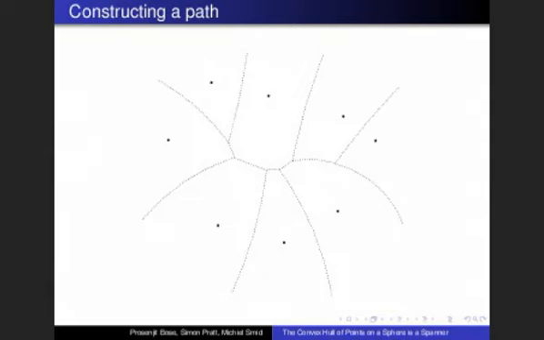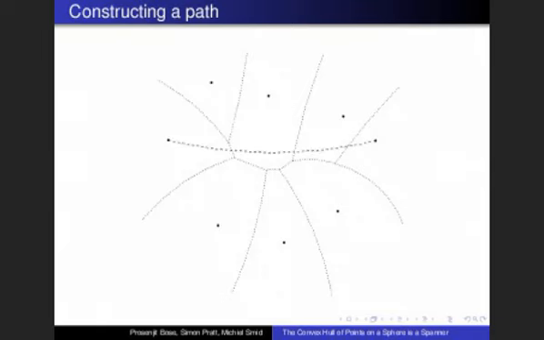What this means is that for every point in your graph, you draw a boundary wherever such a boundary is equidistant between 2 points in your point set, and you have a vertex wherever 3 or more points are equidistant. And so what you end up with are these boundaries that separate regions on the surface of the sphere that are closest to one particular point in your point set.